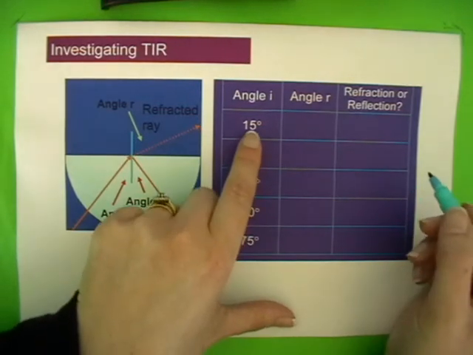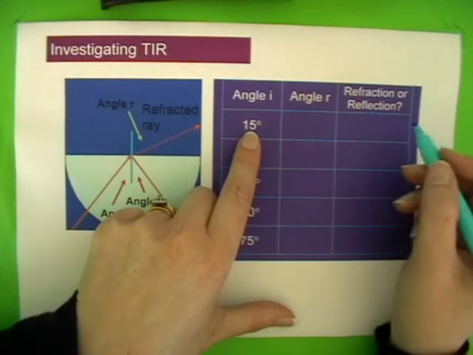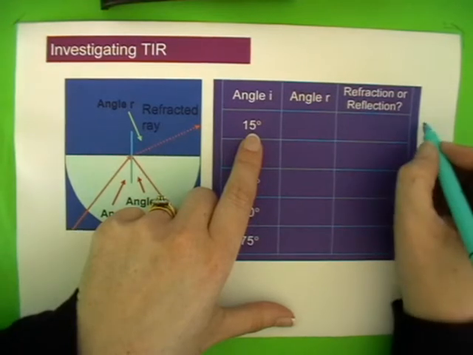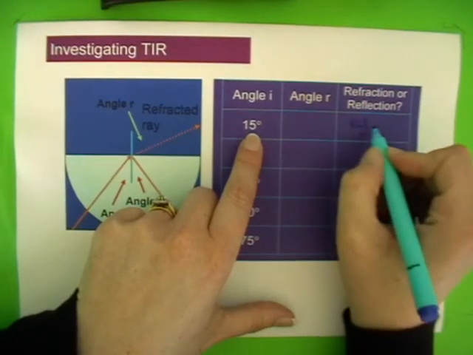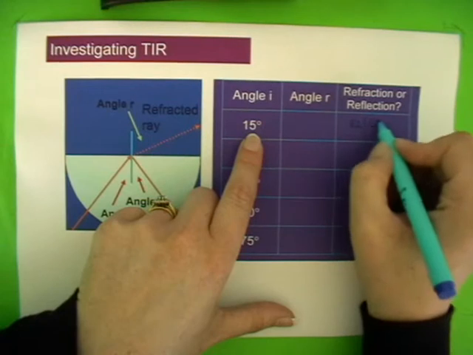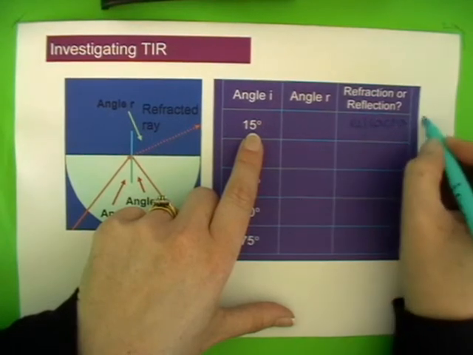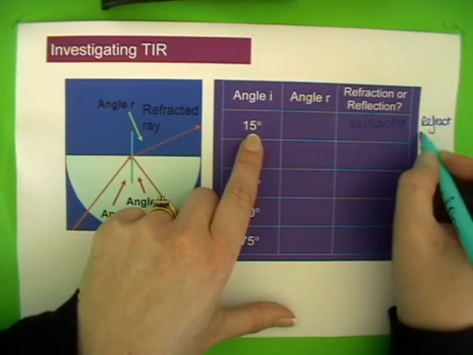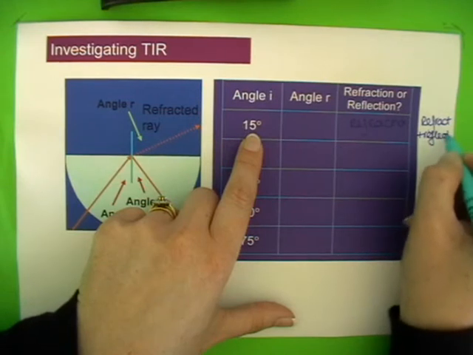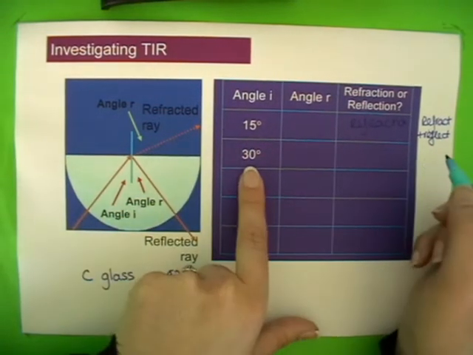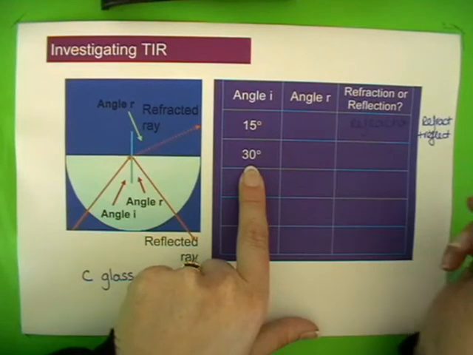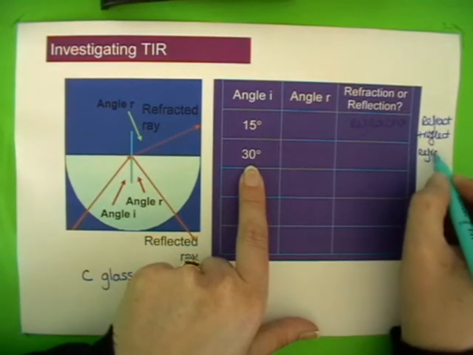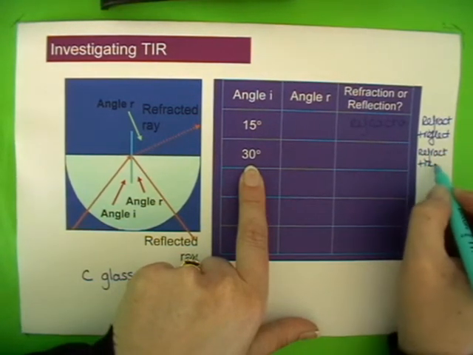Well, if the angle of incidence is 15 degrees, we have refraction. We have refraction and reflection. That's 30 degrees. We're still below the critical angle, so we still have refraction and reflection.